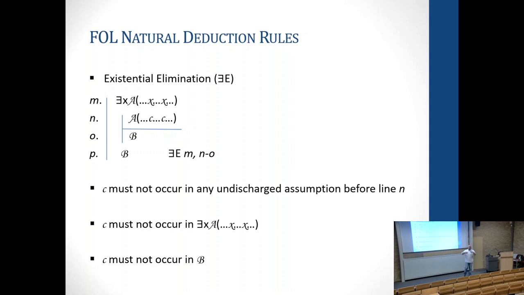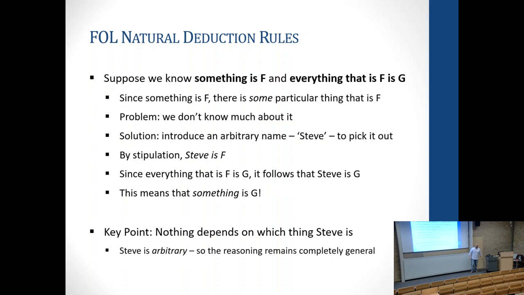You get rid of it by replacing it with an existentially quantified variable. In fact, that's exactly what we did here. We had the name Steve, and then the last move in our subproof is to get rid of Steve by existential introduction. Not always, but this is frequently going to be something you can do. Get to the end where you've reasoned using some particular name, get rid of the name by existential introduction.